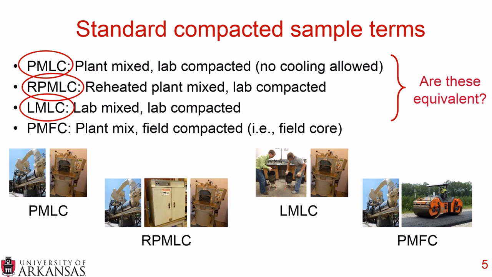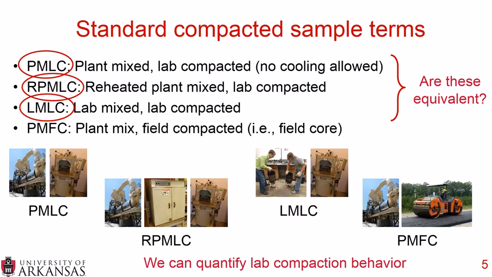We also took samples from the job site, put them in buckets and let them cool, and then returned to the lab, reheated it, and compacted it. And then finally, we took samples of the aggregate and the asphalt binder from the plant. We took it back to the lab, we mixed the two materials together, and we compacted. So we used the PMLC, the RPMLC, and the LMLC in this study. And we asked the question, are these equivalent?